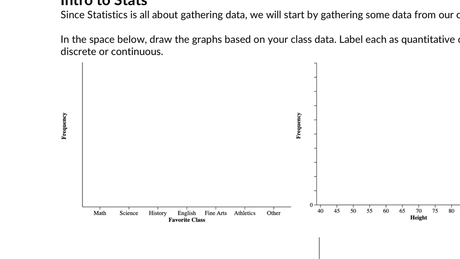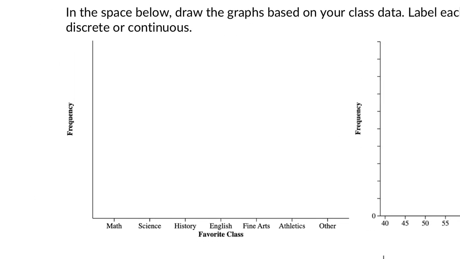So what we're going to do is on your paper, we're going to look at this first chart that's blank that has all of the favorite classes listed, and we're going to draw a histogram or a bar chart to describe our class's opinions. So if we look at the data, how many people said that math was their favorite subject? 9.